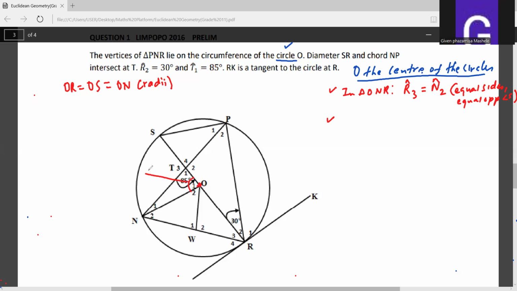It is SN. Since angle O1 is an angle at the center, we trace the angle coming from this arc. SN is subtending angle P1. P1 is also coming from the same arc. So we can say angle O1 is twice angle P1. The reason is the angle at the center theorem.